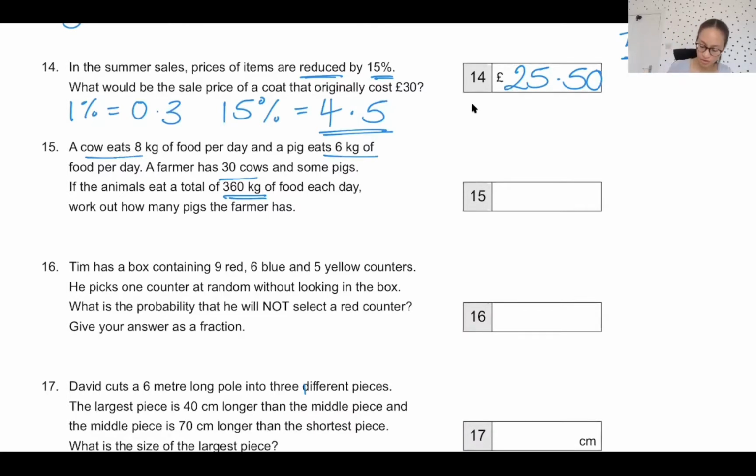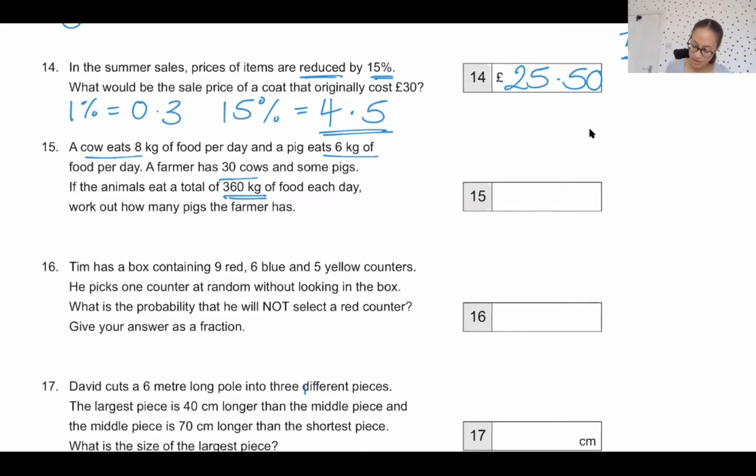Okay, I'm going to start doing it on the board in case anyone's confused. So a cow eats 8 kilograms of food. He has 30 cows. So cows, they have 8 times 30, which is 240 kilograms. Okay. Kalisa, I think, may have a division error there. And then we have, I'm not sure who iPad is, but it's not 15. Okay.